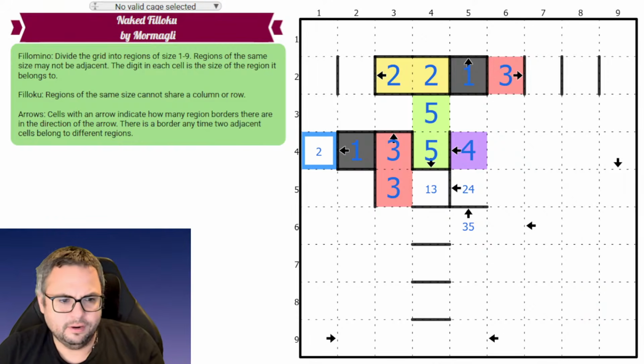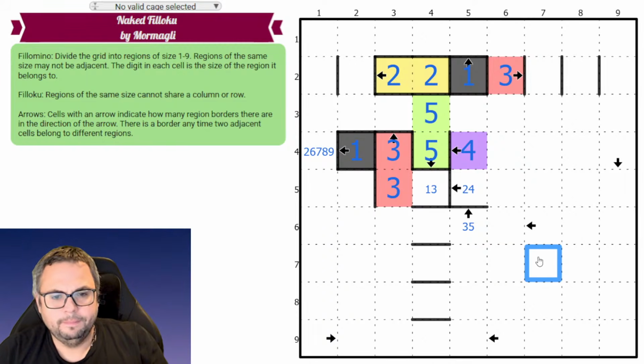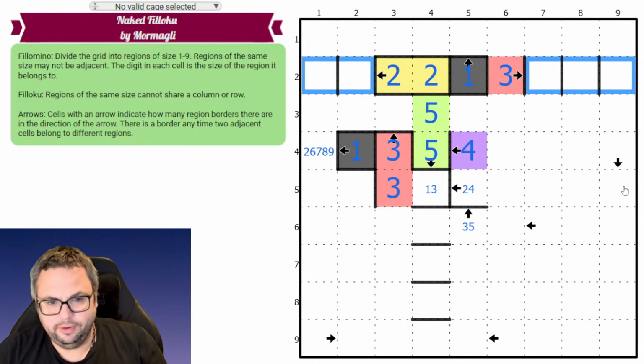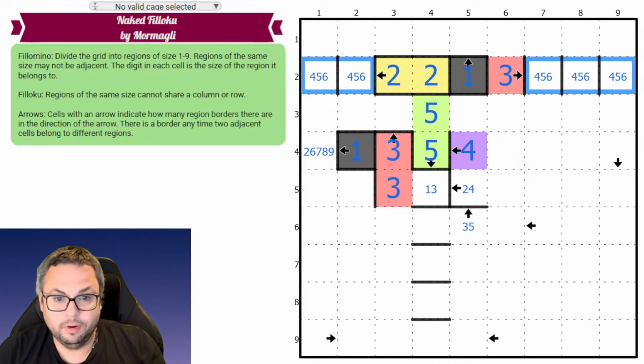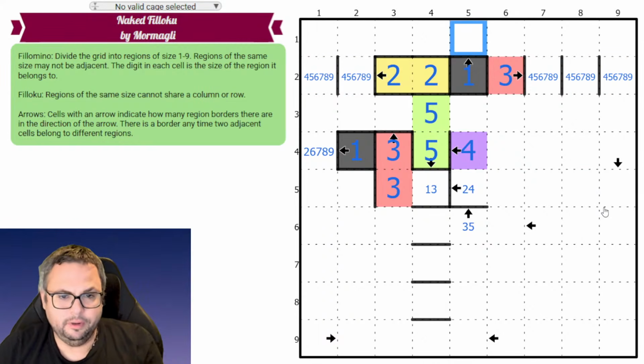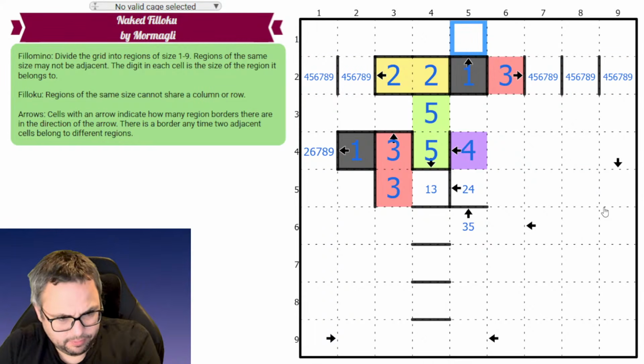This number here can be a 2 or it can be 6 or more. These numbers are all 6 or more. Or sorry, are all 4 or more. I know, you said this one, but I wasn't sure if I wanted to mark that one.